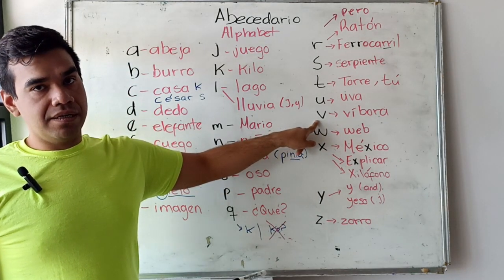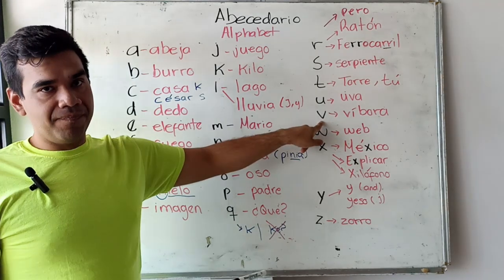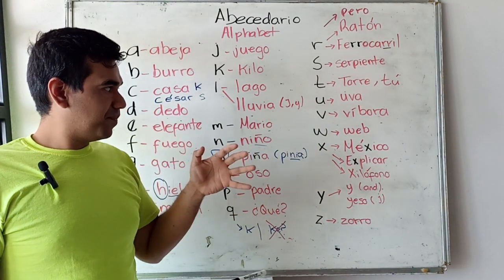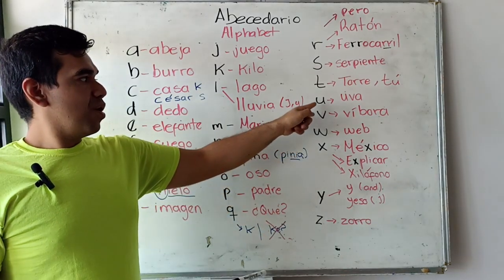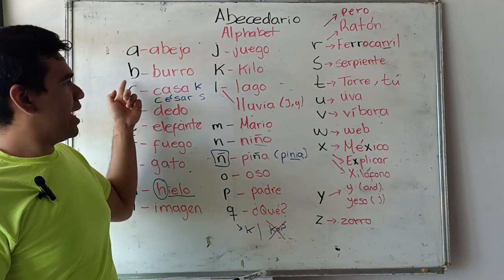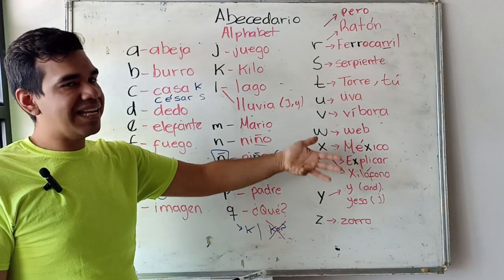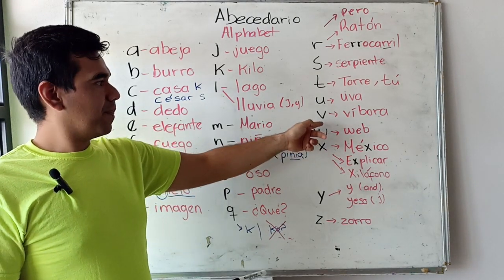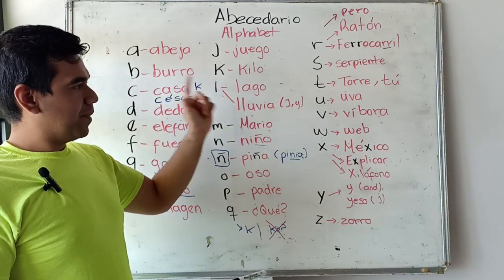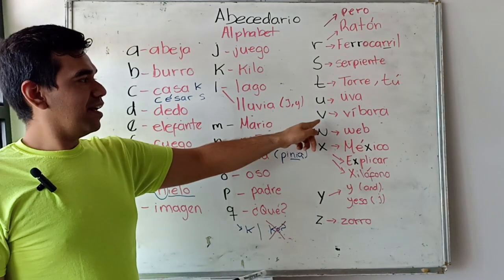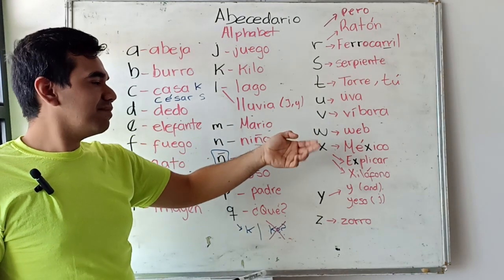V. It literally in Spanish is U, B. Okay? Because it has the same sound as the letter V, but it's a new one. So, yeah.